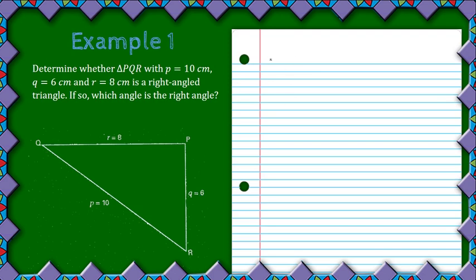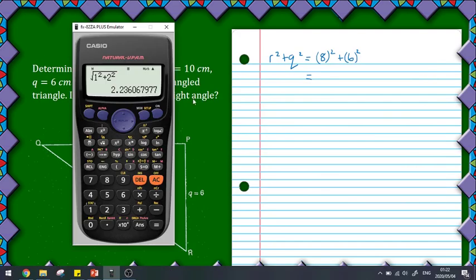So first we're going to solve R squared plus Q squared and see what that gives us. This is 8 squared plus 6 squared, and if we type that into the calculator, it gives us 100.